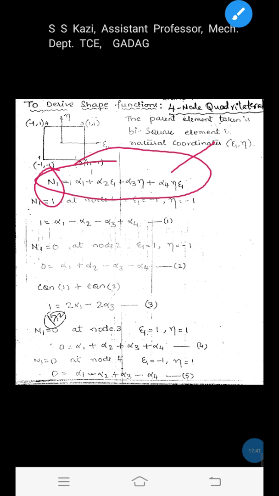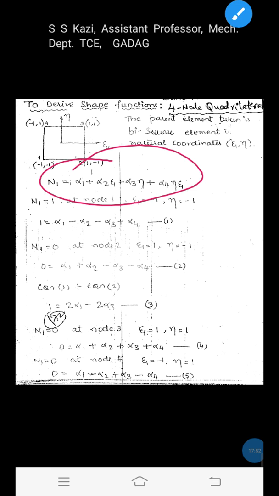We will get 4 equations to be solved for alpha 1, alpha 2, alpha 3, alpha 4. Once we get these values, substitute them back into the n1 expression, and we will get the n1 shape function. This is how we can derive the shape function n1. The same procedure has to be adopted for the shape functions n2, n3 and n4.